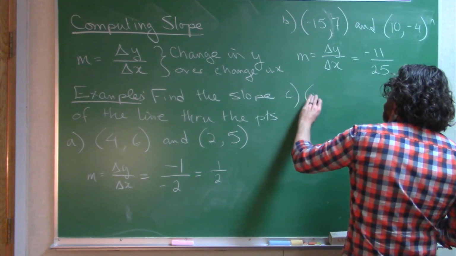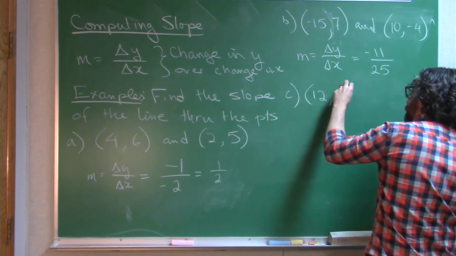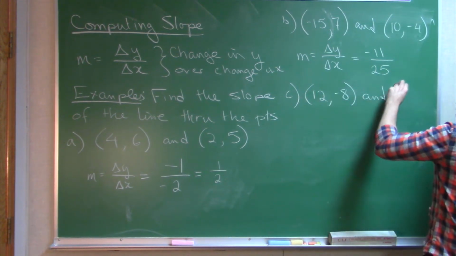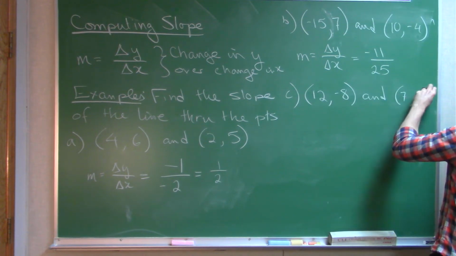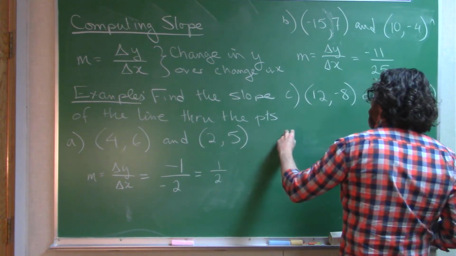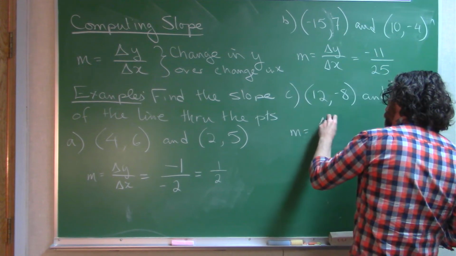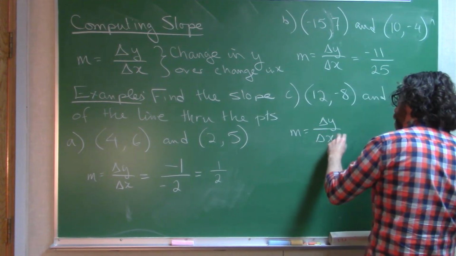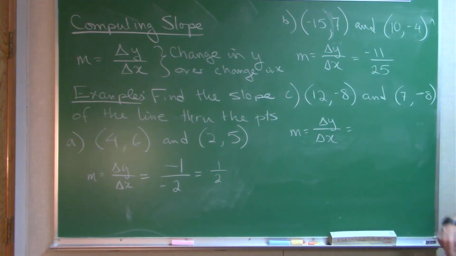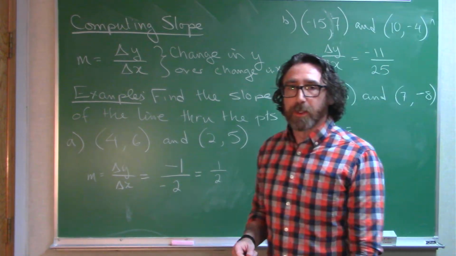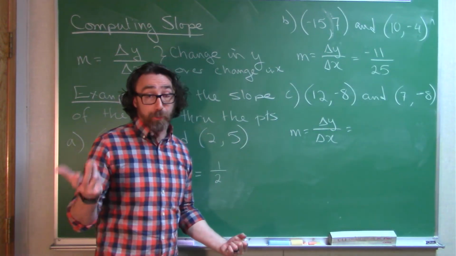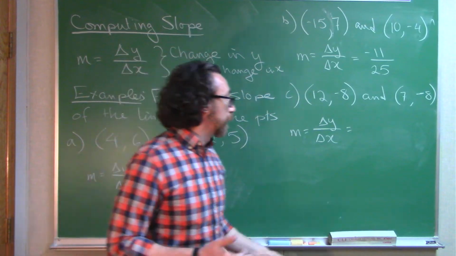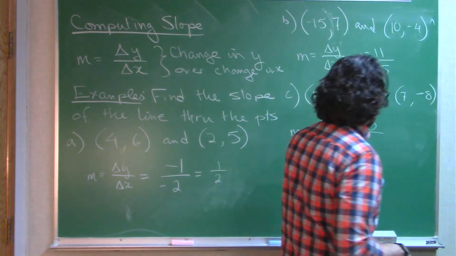12, -8 and 7 comma negative 8. So once again, change in y over change in x. Well, let's look at our y values. Both of the y coordinates are negative 8. So the change is 0.